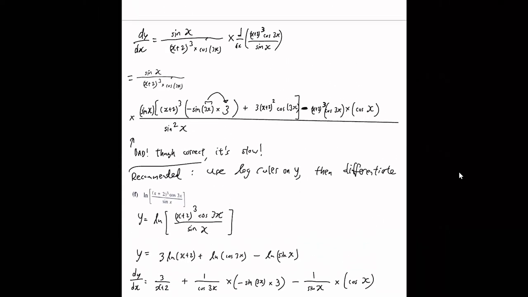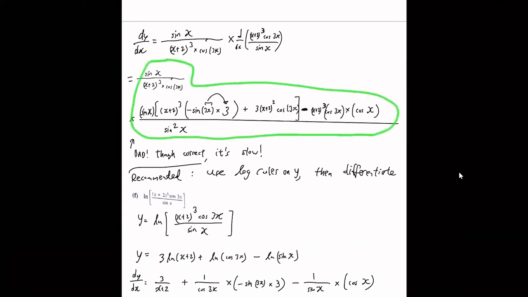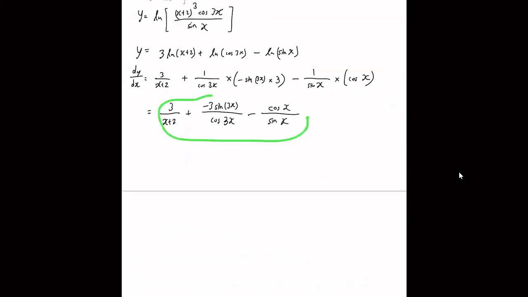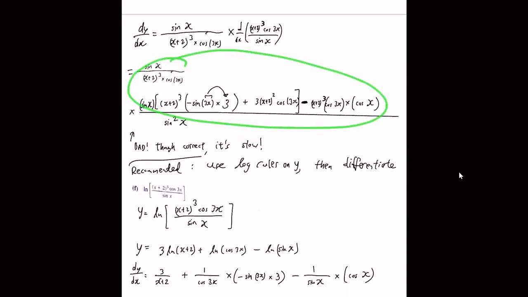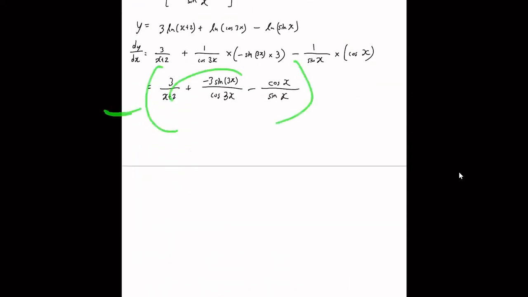So how do we check if we are correct? You can type this entire thing into Desmos and put y equals. And if the graph looks exactly the same, then it means that they are the same. Alternatively, you type this entire thing here, then minus this entire thing here.